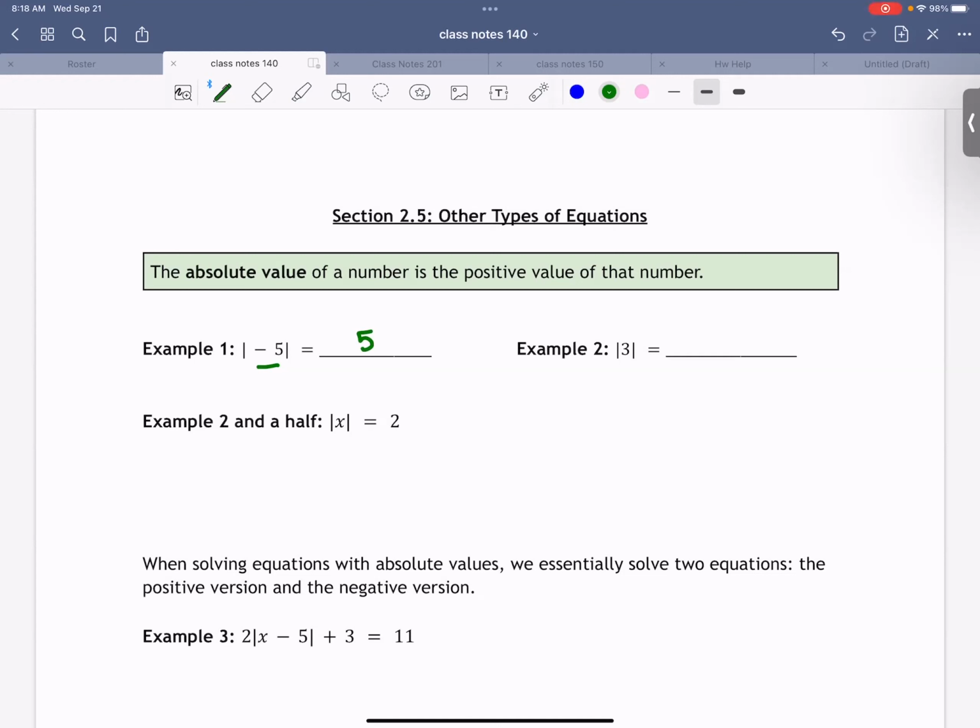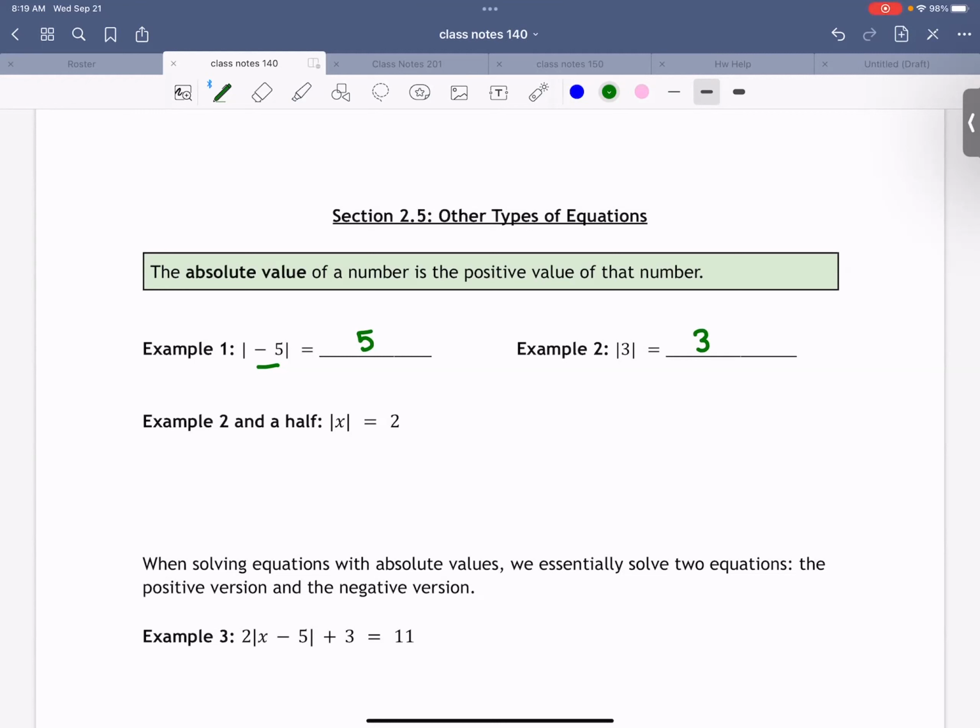We can even take the absolute value of a positive number. What would the absolute value of 3 be? 3, good. So basically take the number on the inside, make it positive. Well, we went from an absolute value of a number to the result. Let's see if we can go backwards.